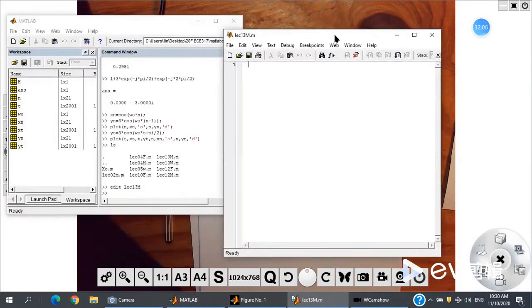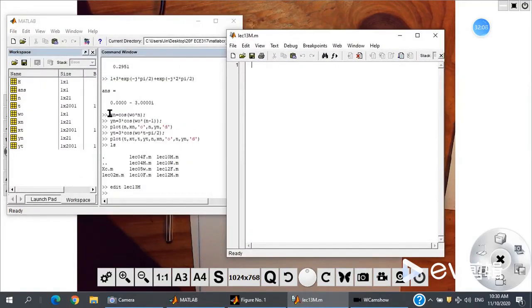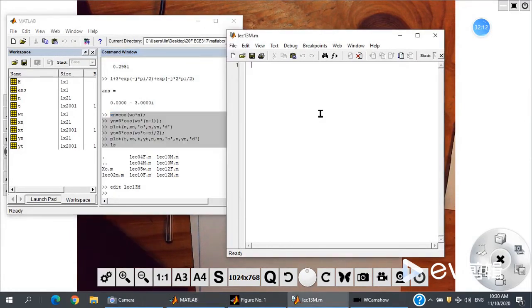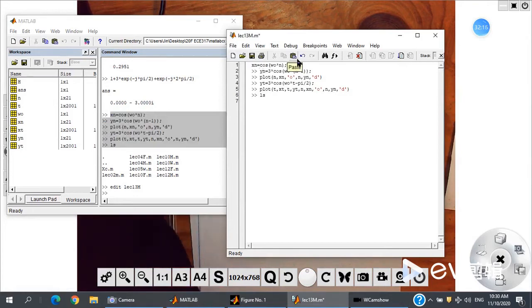Can I copy this kind of thing here? Okay. I have x of n, then I put this y of n, and I plot. Apply this one.